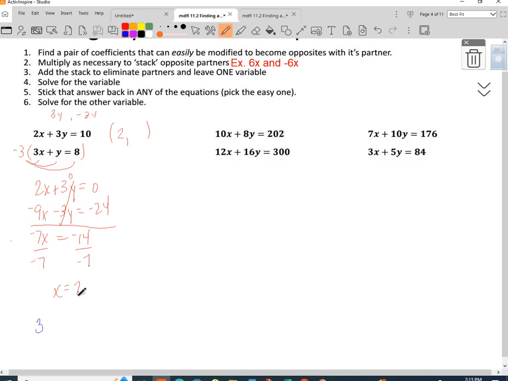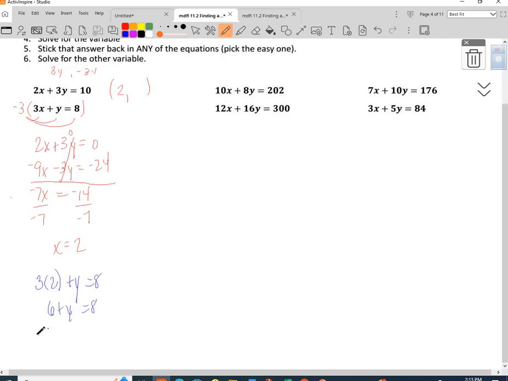So it's going to be 3 times 2 plus y equals 8. That's 6 plus y equals 8. I subtract 6 from both sides to solve that equation. Now I know that y is 2. So my y-coordinate is 2, and that is the solution to this system.